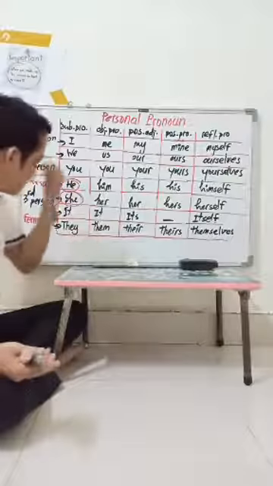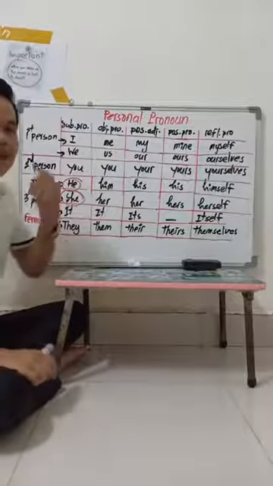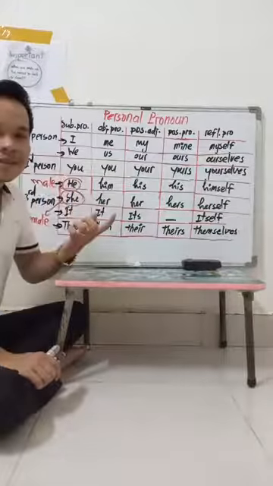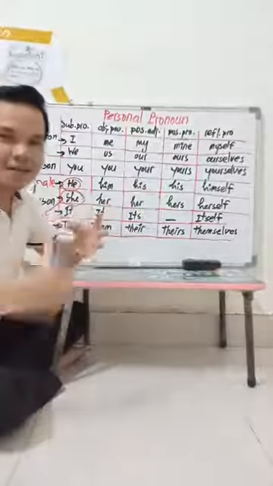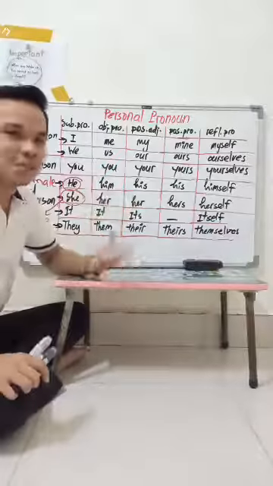And they we use for plural: he or she combined together, two people or more, we use they for plural.